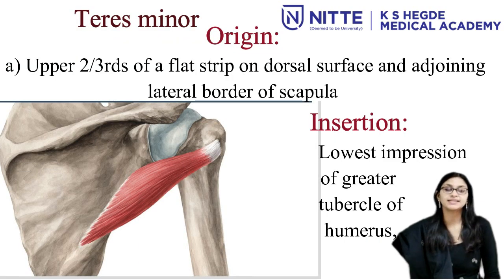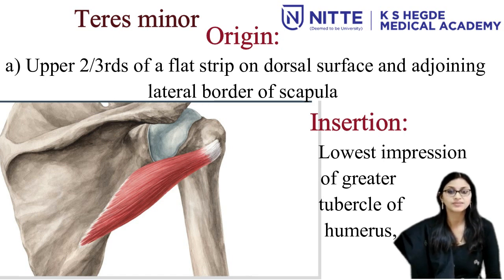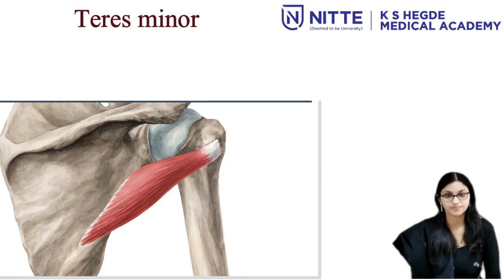The next muscle is the teres minor muscle, which takes its origin from the upper 2/3 of a flat strip on the dorsal surface and the adjoining lateral border of the scapula. Insertion is to the lowest impression of the greater tubercle of the humerus and to the capsule of the shoulder joint.